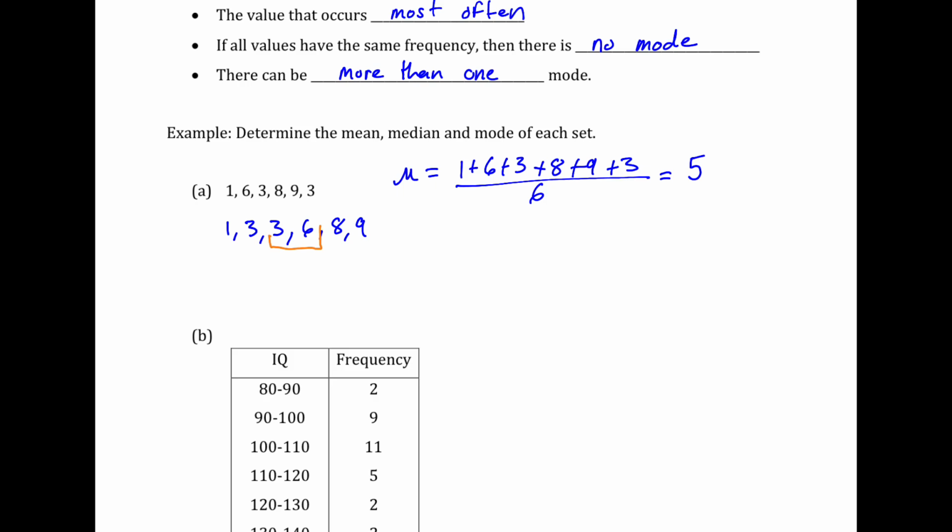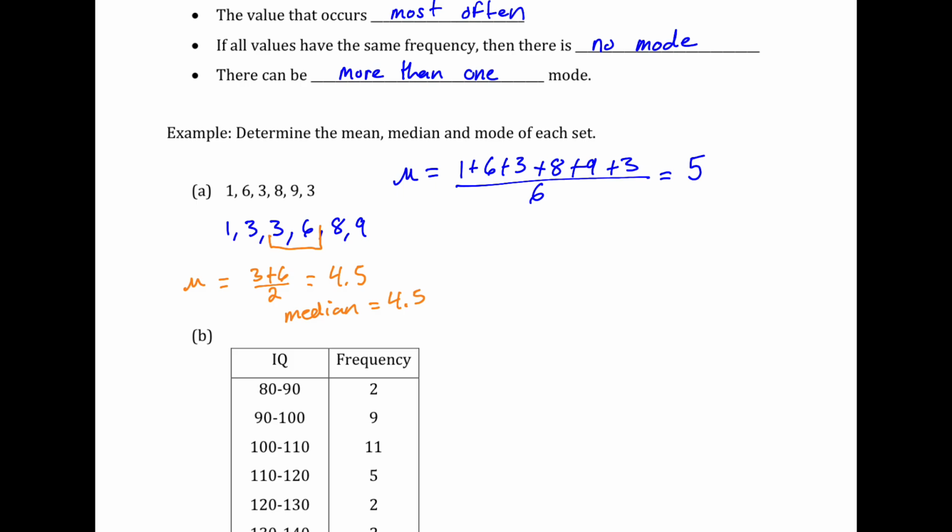So I take the mean of these 2 numbers, and I get 3 plus 6 over 2, which is 4.5. So in this case, the median is 4.5.